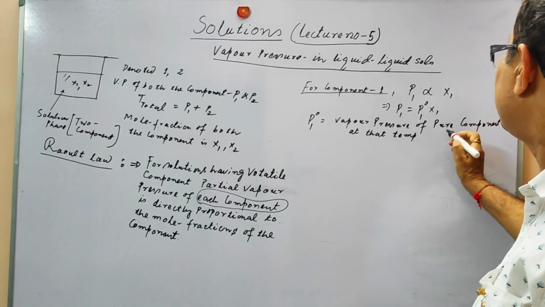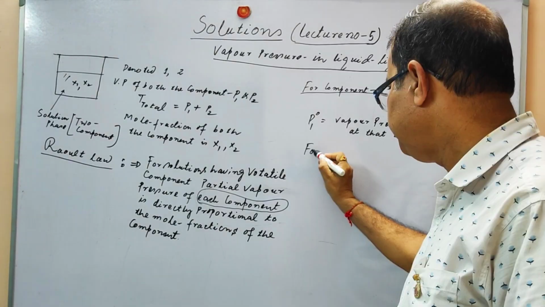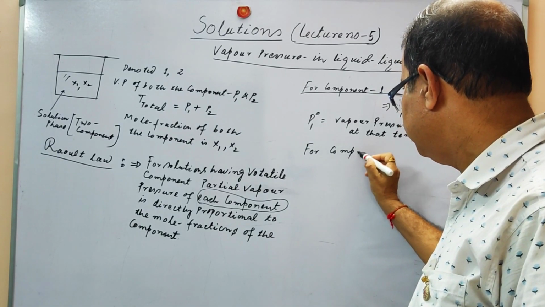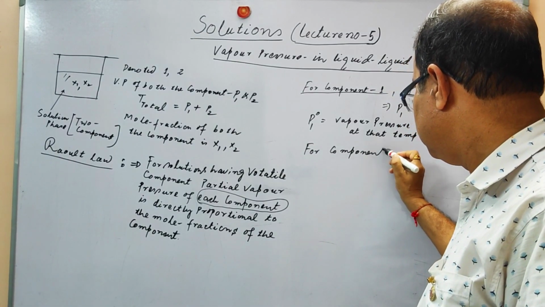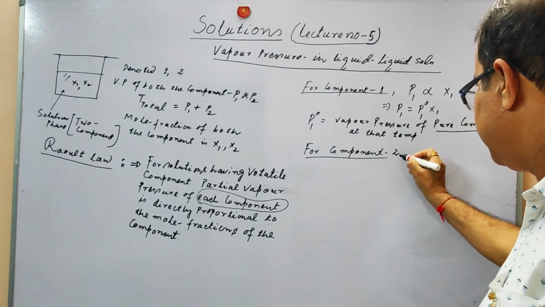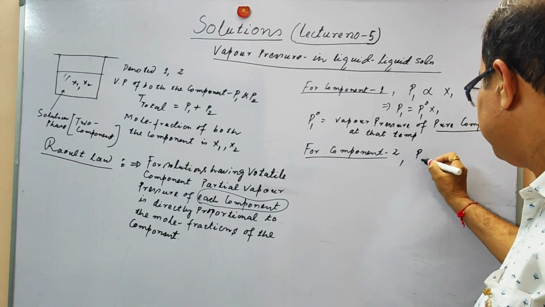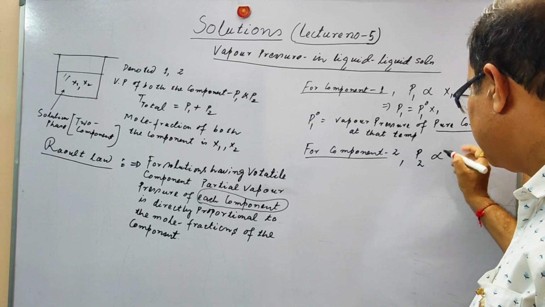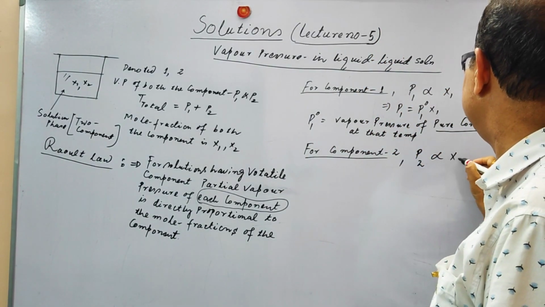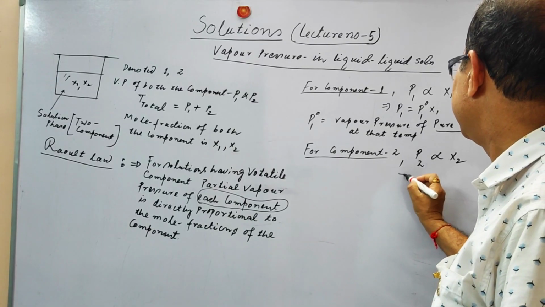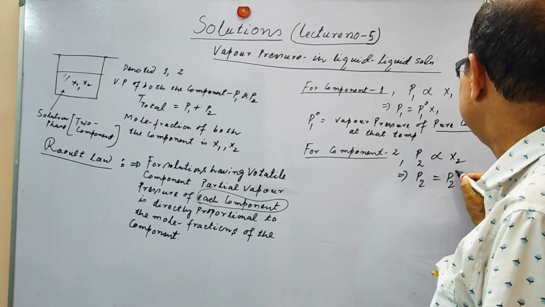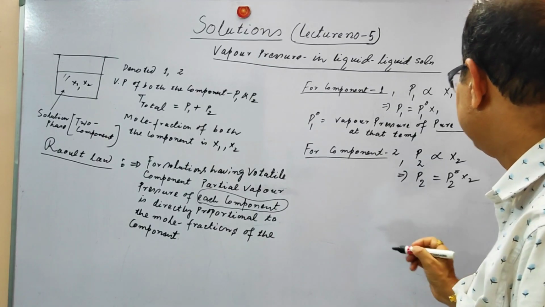For component 2, the partial vapor pressure P2 is directly proportional to its mole fraction, so P2 equals P2° into x2.